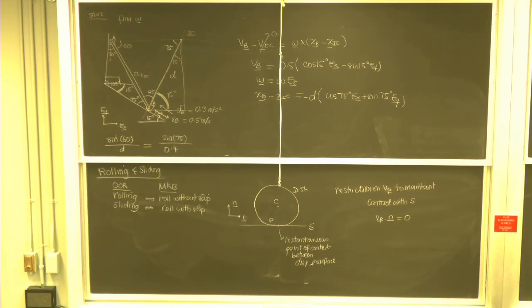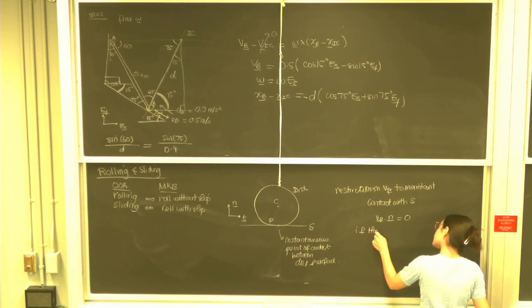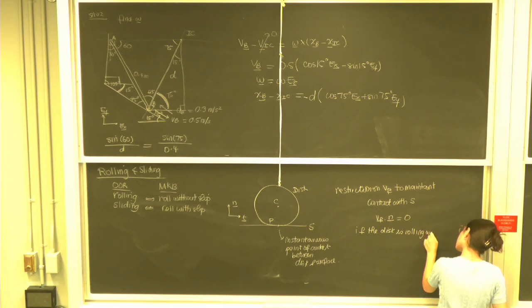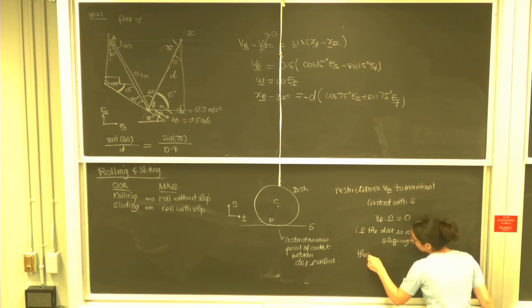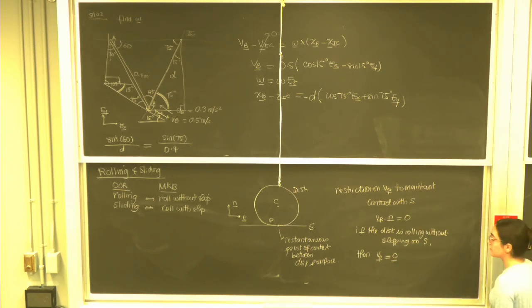But according to O'Reilly, and this is true in both cases, if the disk is rolling without slipping on the surface underneath, then its velocity matches the velocity of the surface underneath. So Vp is equal to 0 if S is fixed.